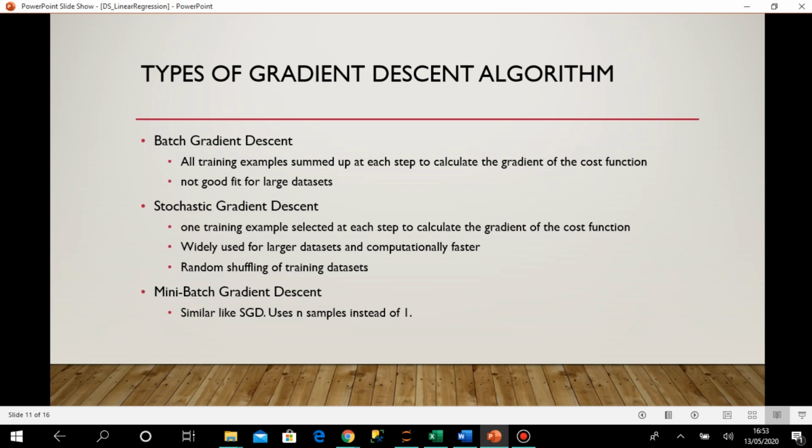If you take n equal to the entire data set, it becomes batch, and in between you can take a value so that you can handle a large data set and calculate the cost in a more effective way. You can change the value of n based on the type of your data set, the nature of the data, or the processing speed requirement. So it comes between batch and stochastic. These are the types of gradient descent algorithms.